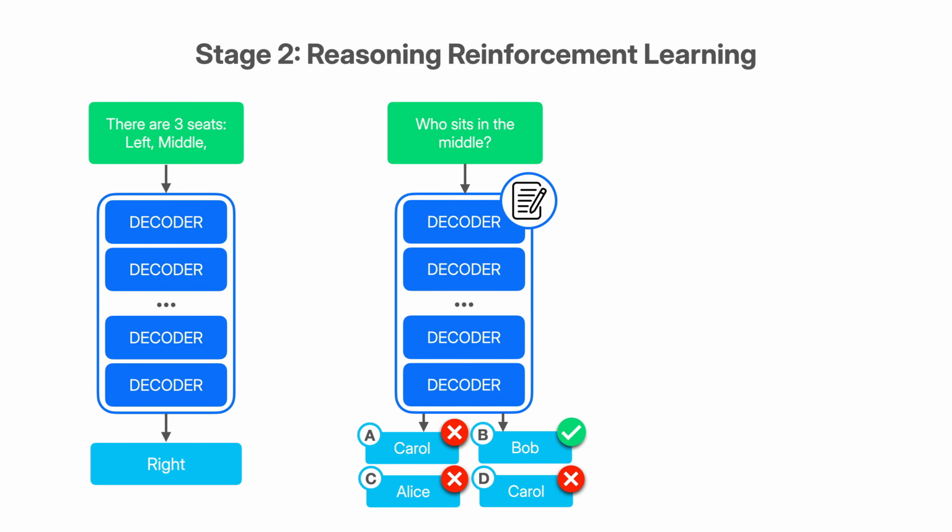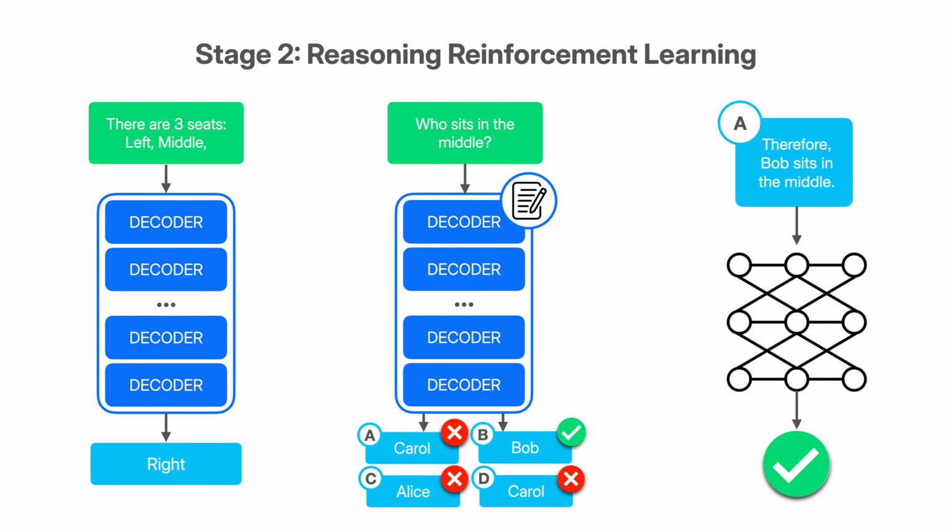So our fine-tuned model is given a fresh set of problems, and it generates multiple reasoning paths for each one, some correct, some wrong. And then these answers are used to train a separate reward model, which is able to predict things like the correctness, the logical consistency, and the clarity of an answer.